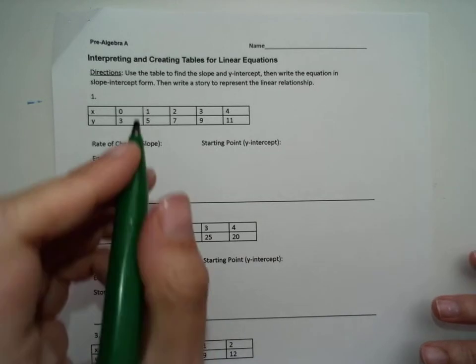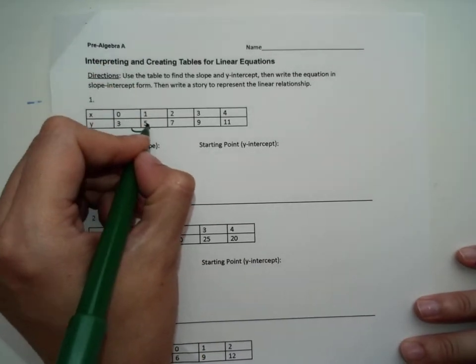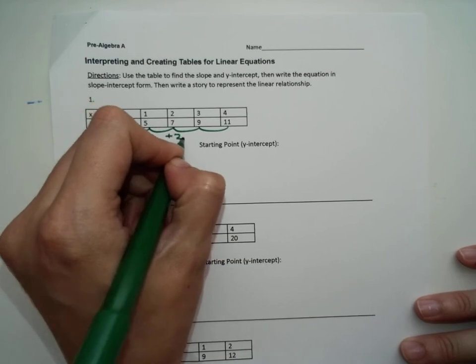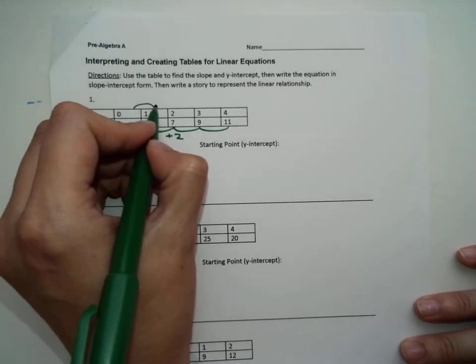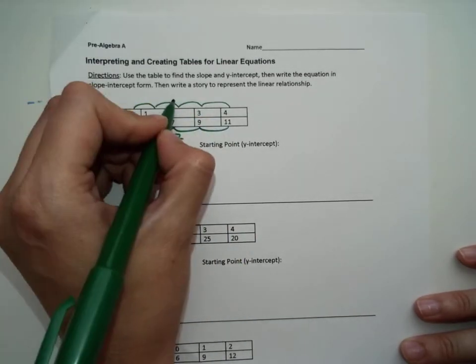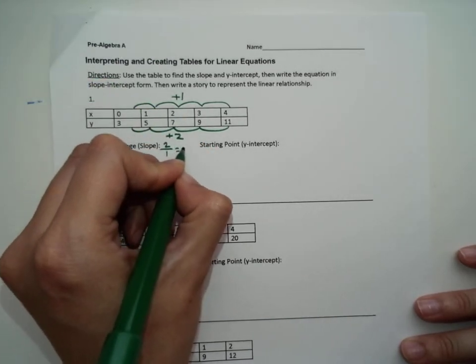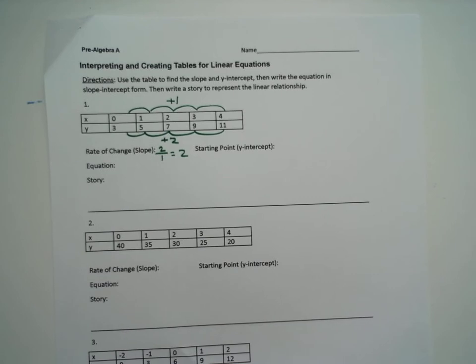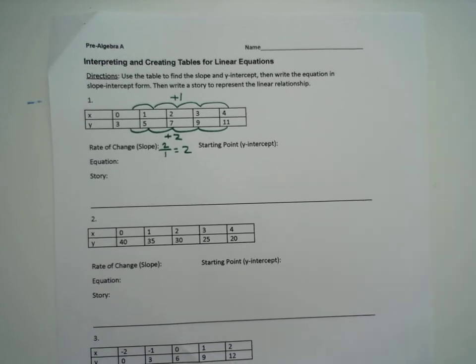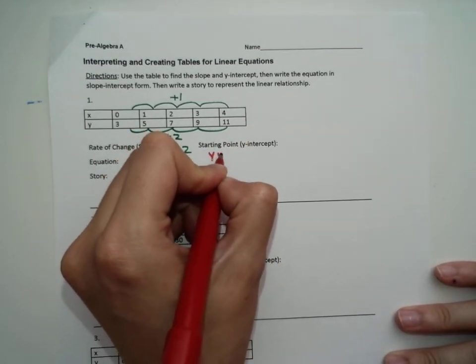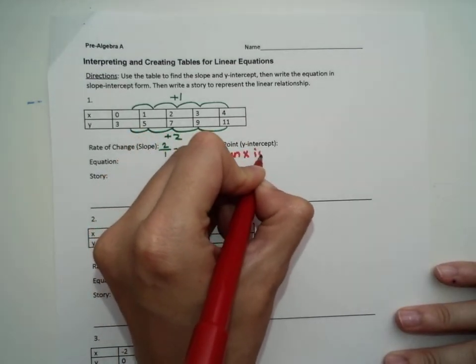So our rate of change, remember we have to do the change in y over our change in x, which our change in y is we're adding 2 each time. X, we are adding 1 each time, so it's 2 over 1, which is just 2. Our starting point, remember it is y when x is 0.